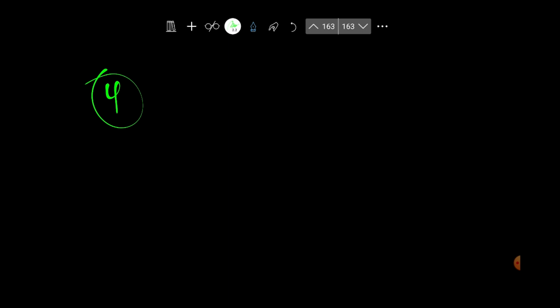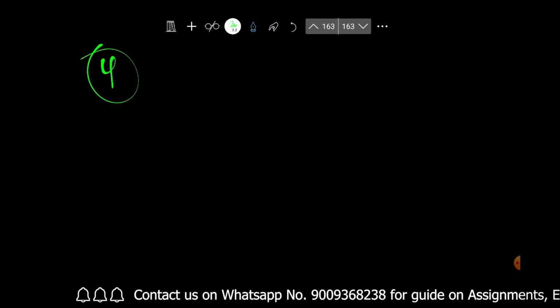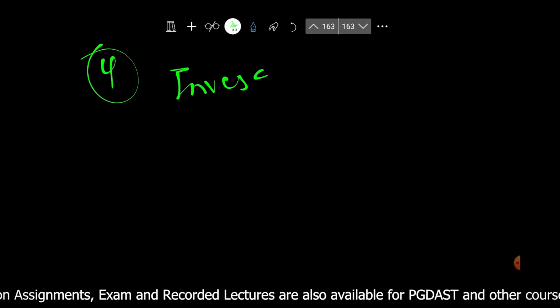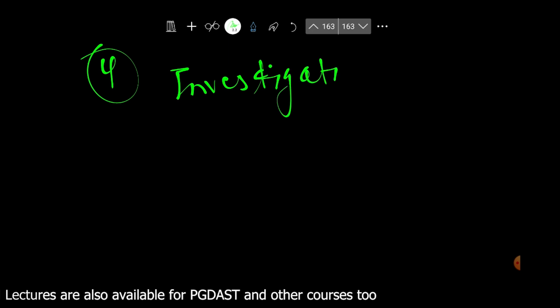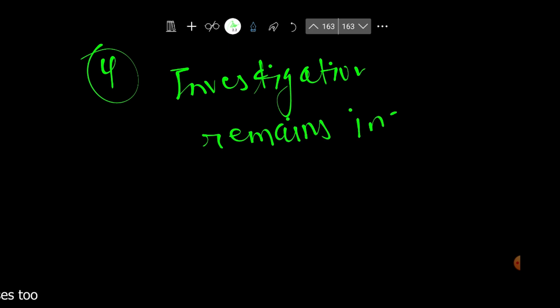The fourth point is that the investigation remains incomplete. In this method, time, money, organization and a large number of field investigators are required. The population is also large, therefore the investigation may remain incomplete.